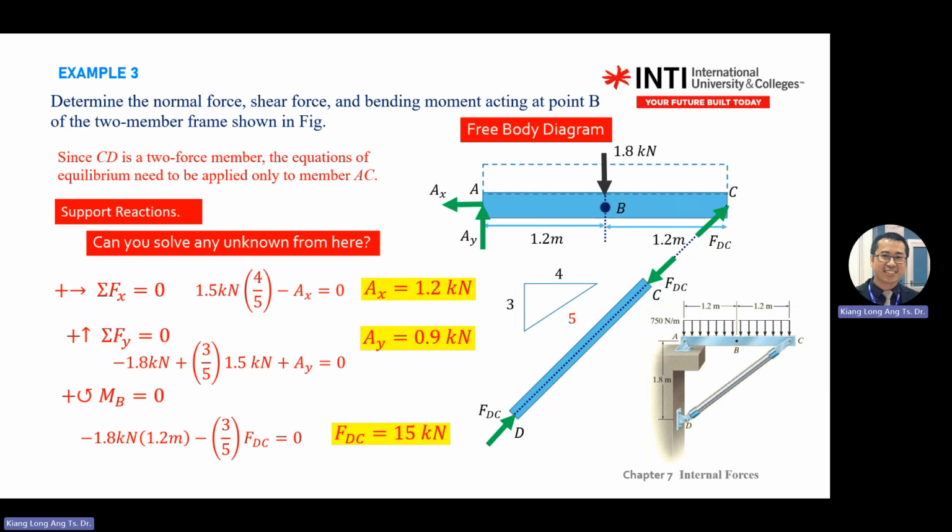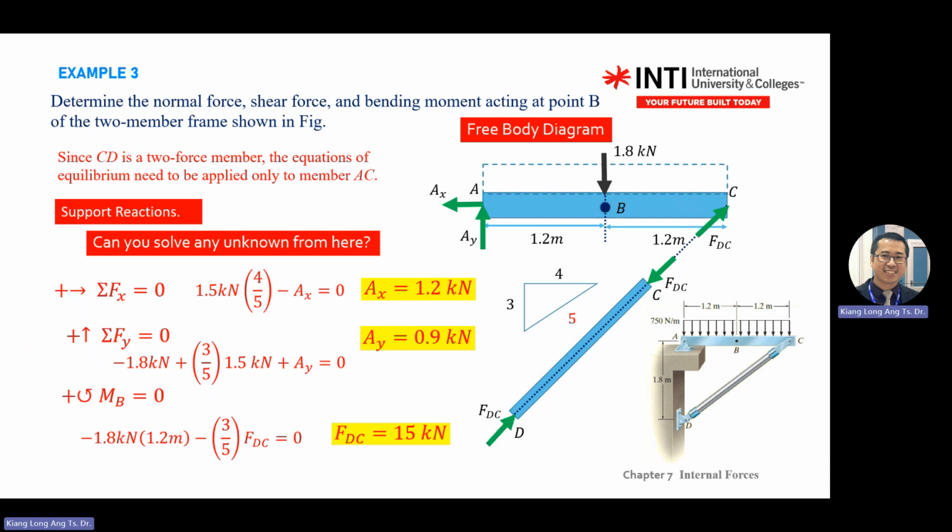Okay. AX, AY, you have 1.8 kilonewton. You have FDC. So the angle theta, so we have a triangular. This one, right?